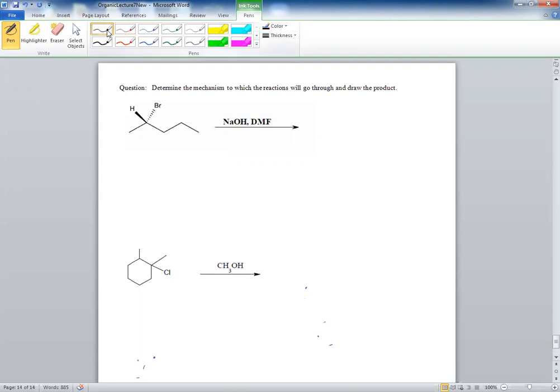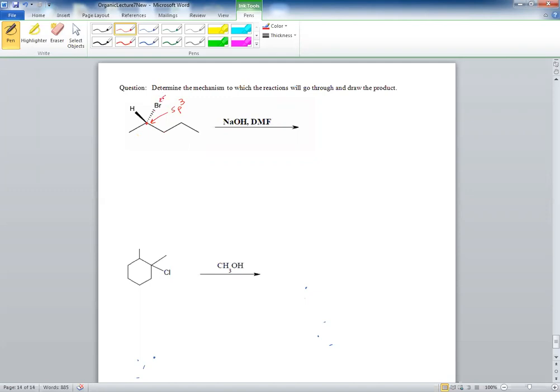You would start with the alkyl halide and identify your sp3 carbon. So here's our sp3 carbon, right there. You know that there is a bromine attached to it.